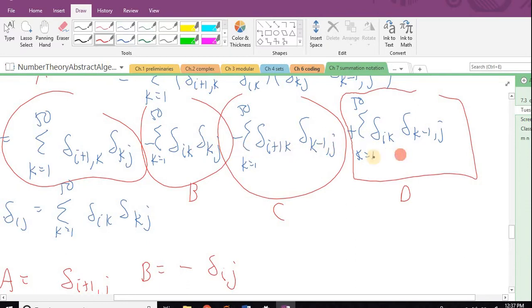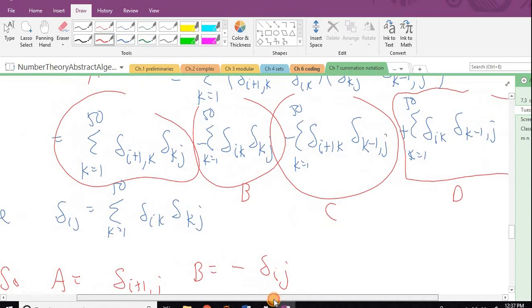Well, I wrote it really weird here, but technically it does work. You have to be very careful when k is 50, because when k is 50, some things may not work out. But all right, let's take a look at C then.